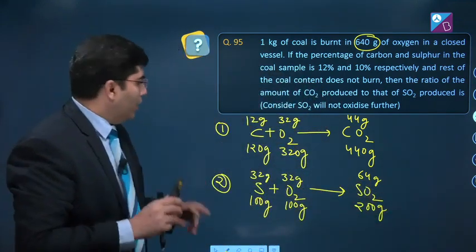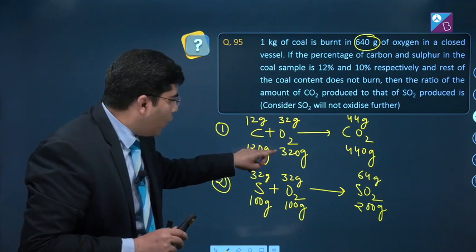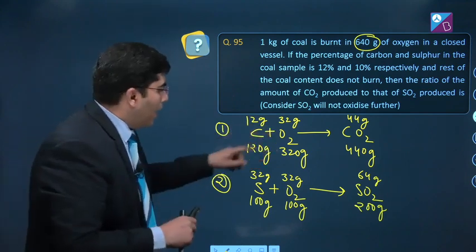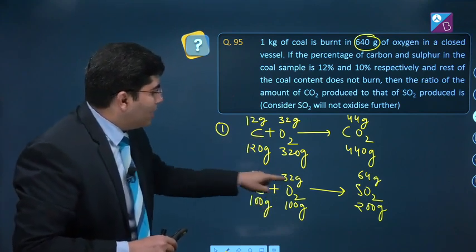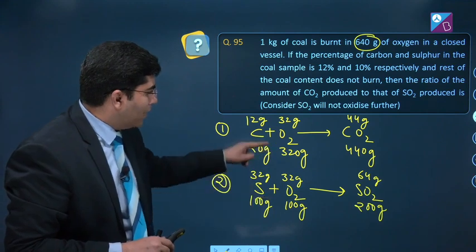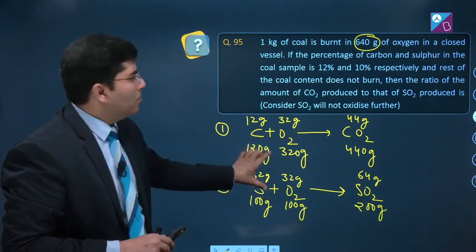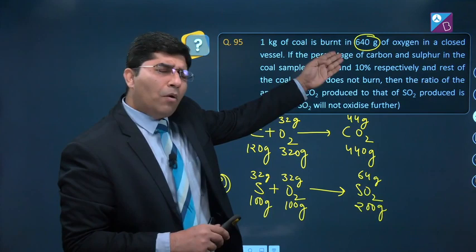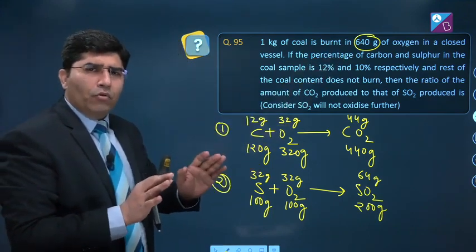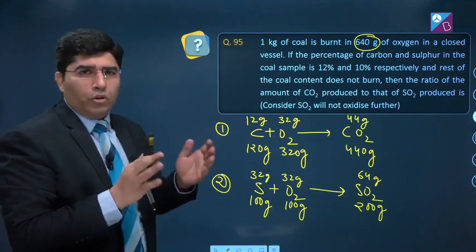Now listen carefully, 320 gram of oxygen is used over here and 100 gram is used in this second equation. So what is the total amount of oxygen which is used? That is 420 gram, means we have enough amount of oxygen, so it will not be the limiting reagent, so we don't have to care about oxygen, right?